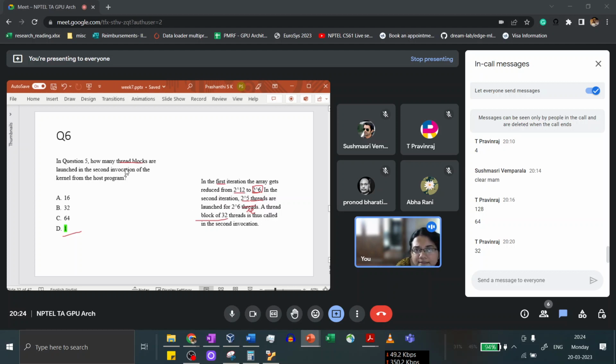But the question is not how many threads are launched in the second iteration, but how many thread blocks are launched. And you know that block size is 32. So how do you get the number of blocks? Total number of threads divided by block size. Total number of threads is 32, block size is 32. Therefore, it's just one block that needs to be launched in the second invocation. Hope this is clear.